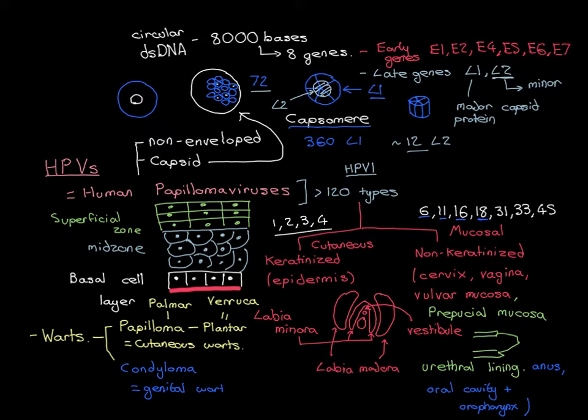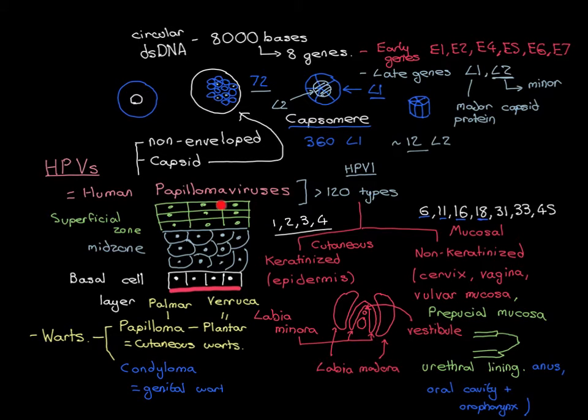In the midzone, these HPV infected cells will divide very rapidly and will amplify the HPV genome hugely, so they'll all end up with nuclei stuffed full of HPV genomes. As they move up into the superficial zone, they will start producing the capsid proteins for the HPV virion particles, and they will encapsulate the viral genomes in the capsid proteins to produce full virus particles.